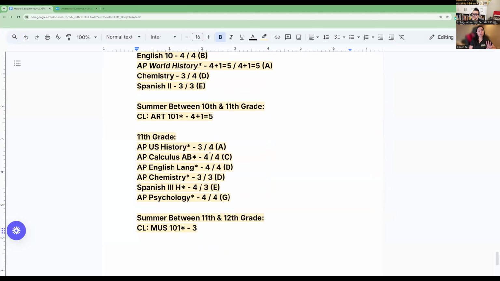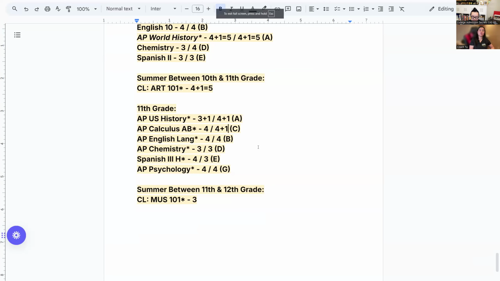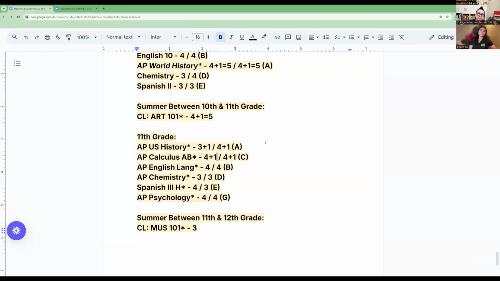Now we already used up 4 honor points, which means here we can only add 4. So I will only add it to AP Lang and AP Calculus AB. For those who are curious, it doesn't matter if you add to Lang or Chem or Spec.